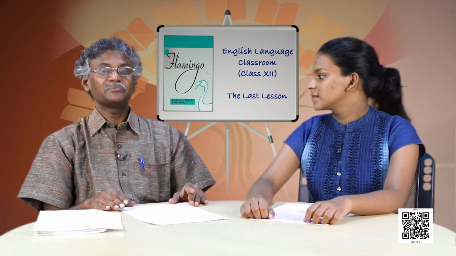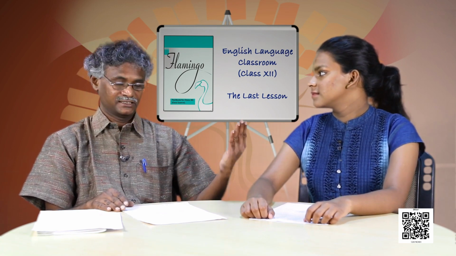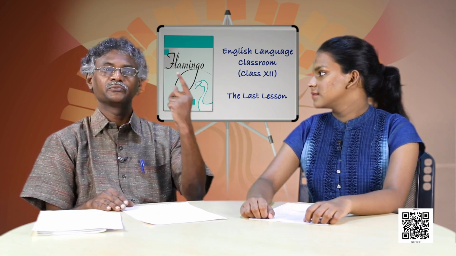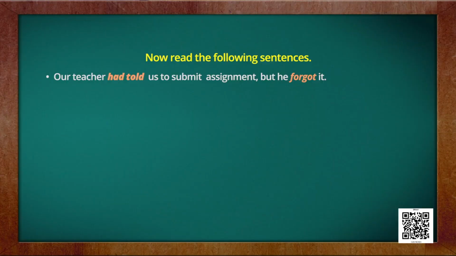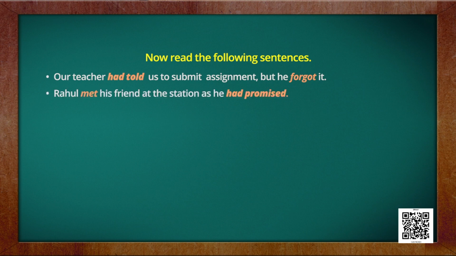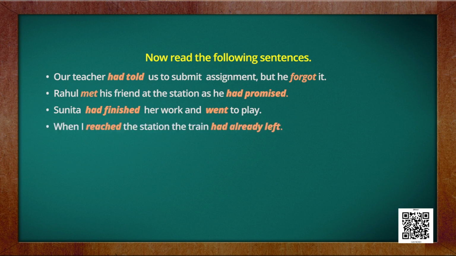Let me read out, learners, whatever Devyani has read out. Please notice the words in bold. Our teacher had told us to submit the assignments, but he forgot it. Rahul met his friend at the station as he had promised. Sunita had finished her work and went to play. When I reached the station, the train had already left.